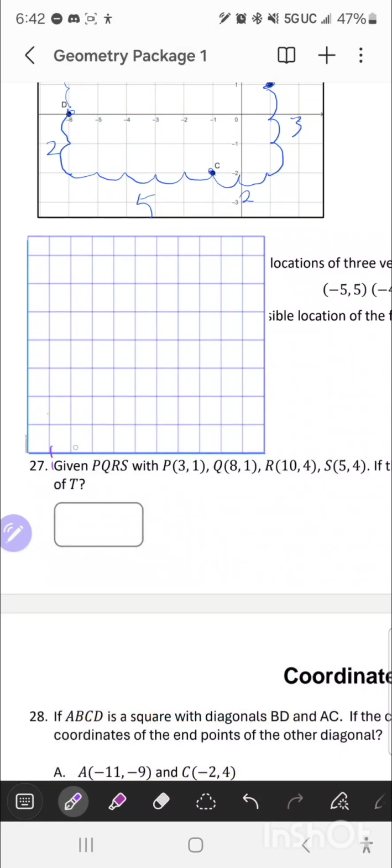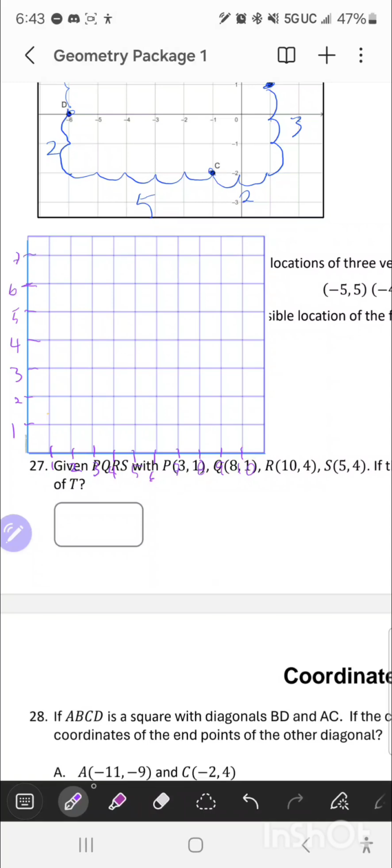So 1, 2, 3, 4, 5, 6, 7, 8, 9, and 10. And this is 1, 2, 3, 4, 5, 6, and 7 as we had before.